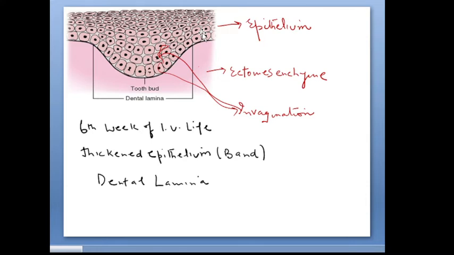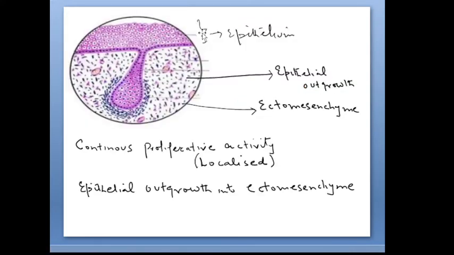As a result, there is formation of a bud. This epithelium continuously grows in the ectomesenchyme.